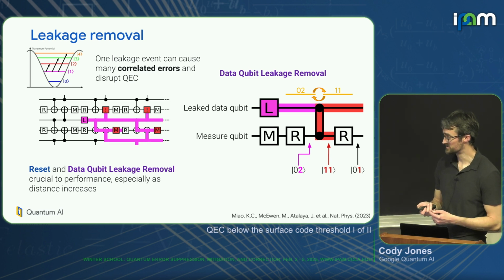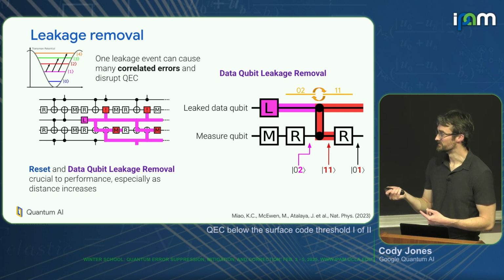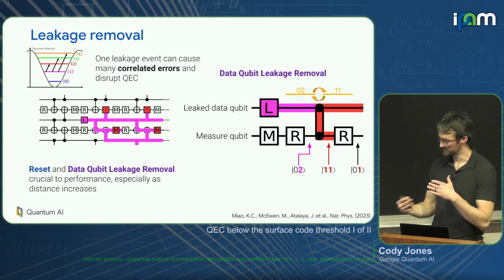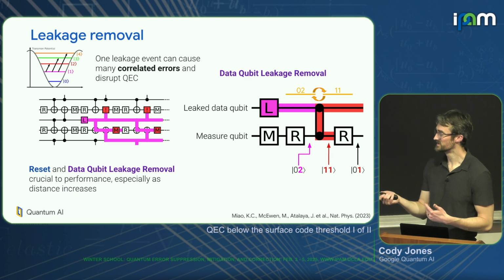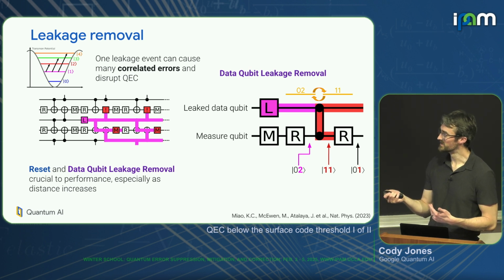We call those leak states, and they are really troublesome. In particular, they have reasonably long coherence times. It's proportional to T1. They have their own decay rates that are a little bit faster than 1 over T1, but nevertheless, they stick around for several QEC cycles, and they really cause problems.